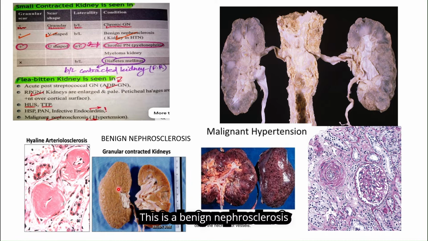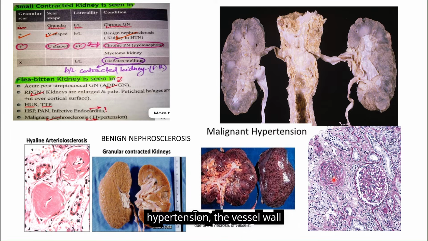This is a benign nephrosclerosis gross appearance, and in malignant hypertension this is the flea-bitten appearance of kidney. Now these are the different causes for the small contracted kidney and flea-bitten kidney. Most common cause for benign nephrosclerosis is hypertension, and microscopically you will see hyaline arteriosclerosis, means hyaline material deposited in the vessel wall.